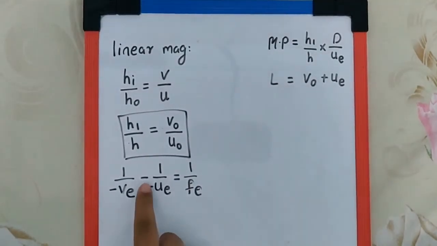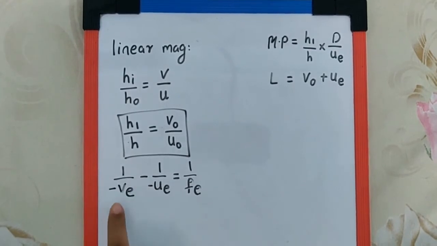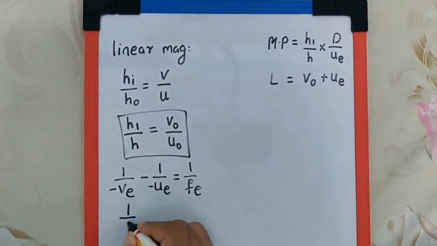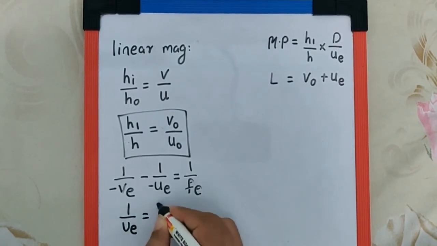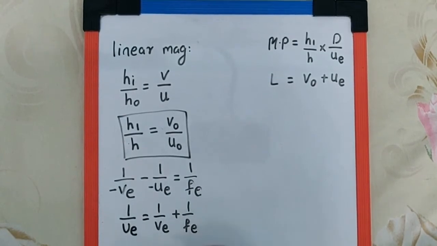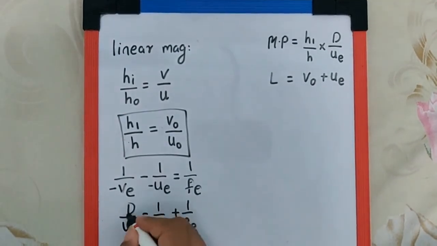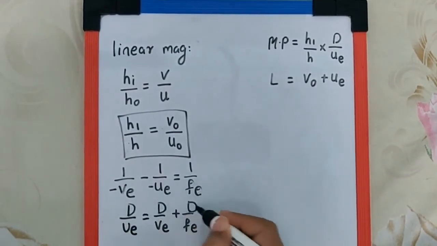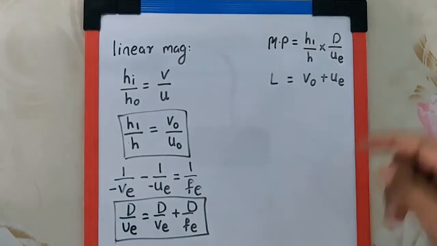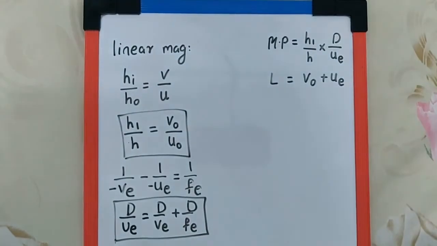So this part becomes positive, and this 1 by VE goes on the other side by being positive. We get 1 by UE as 1 by VE plus 1 by FE, and if we multiply by D throughout, we get D by UE as D by VE plus D by FE. Now that makes D by UE a separate formula over here.